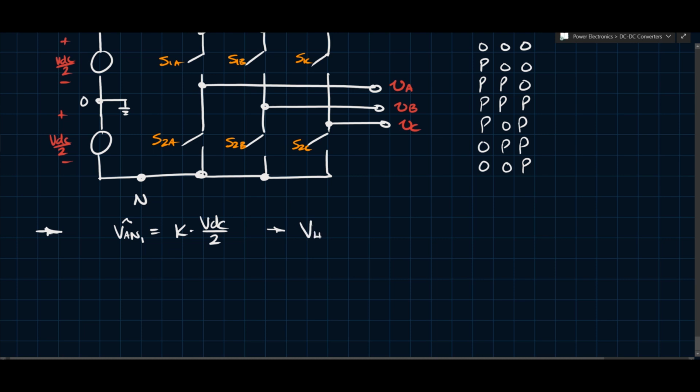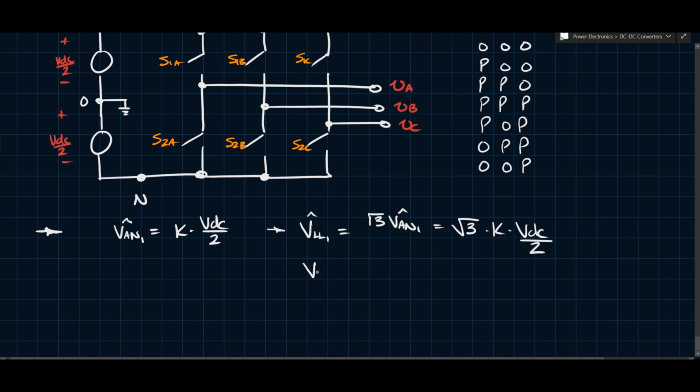So we can say that VLL1, let's say, and let's consider the magnitude first, the peak magnitude I should say. This will be root 3 VAN1, right? Peak. And so this would be root 3 times K times VDC over 2.